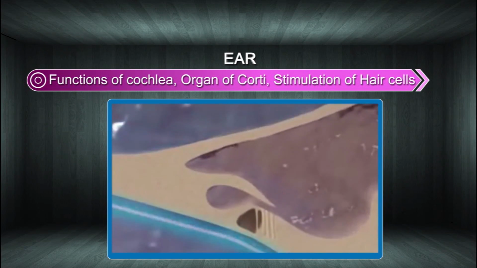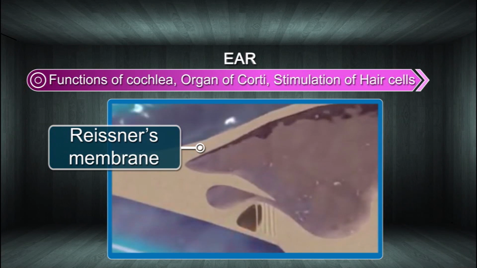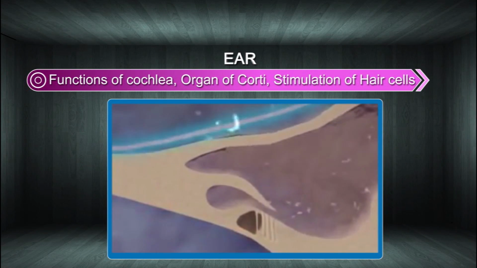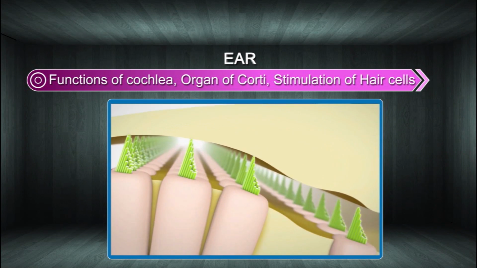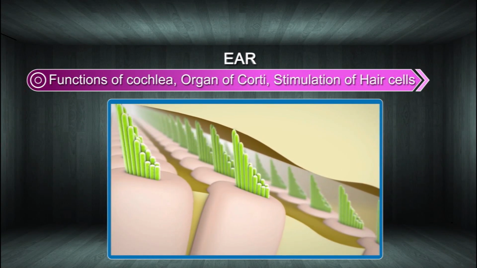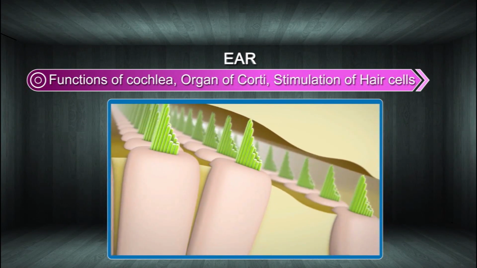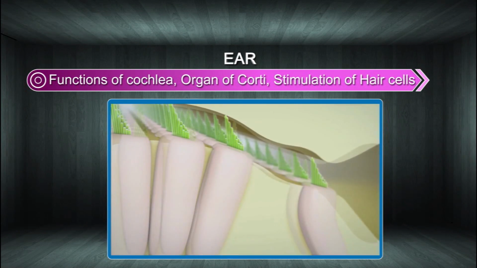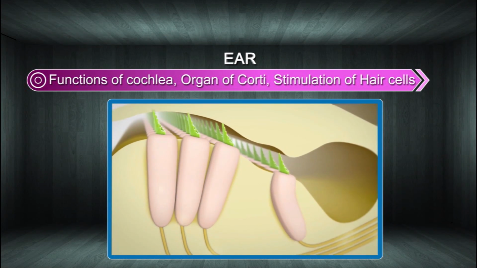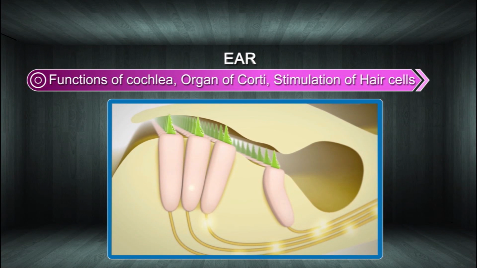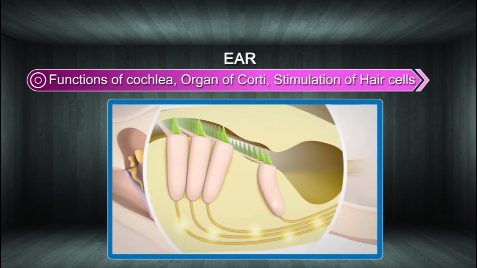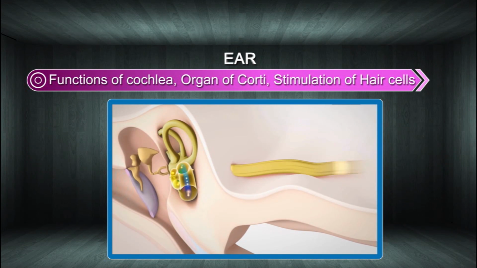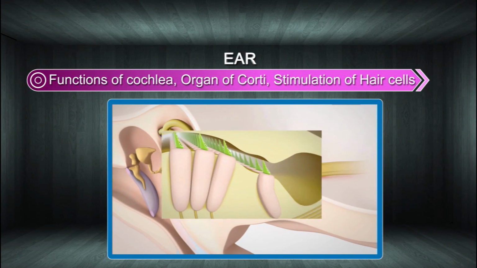These waves deflect the Reissner's membrane, which in turn produces disturbances in the basilar membrane. This bends the hairs of hair cells in the organ of Corti. This develops action potentials in the related nerve fibers. These action potentials are then transmitted along the auditory nerve.